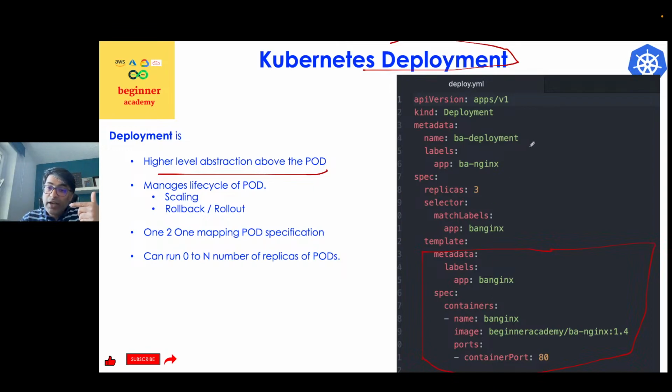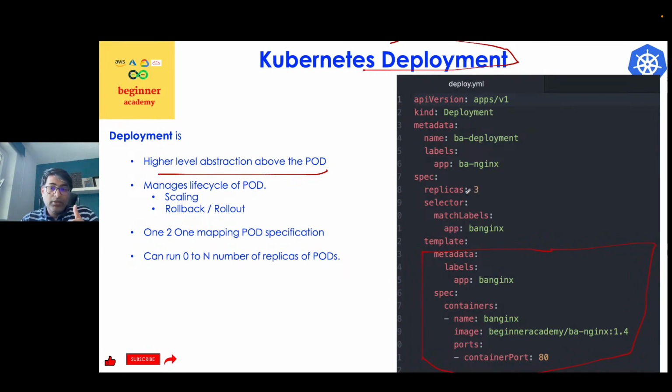So if you create a deployment, it will make sure that if someone accidentally deletes it, Kubernetes will automatically recreate it. The self-healing concept comes into the picture here.